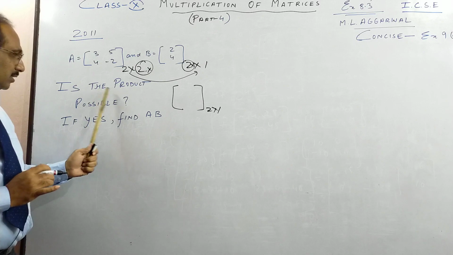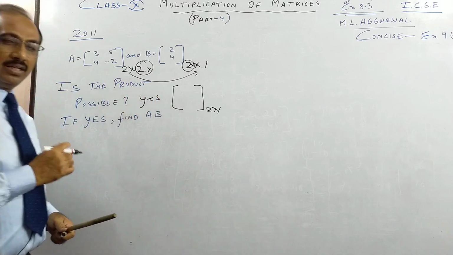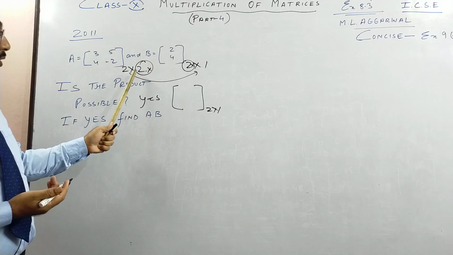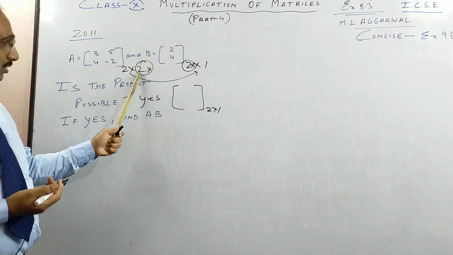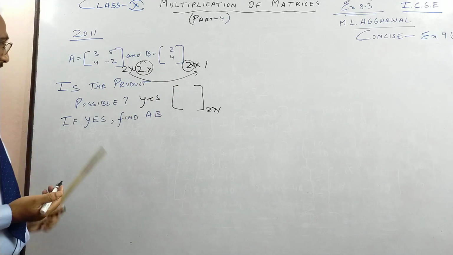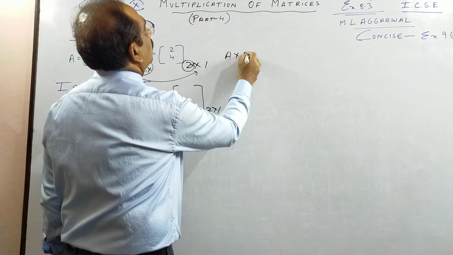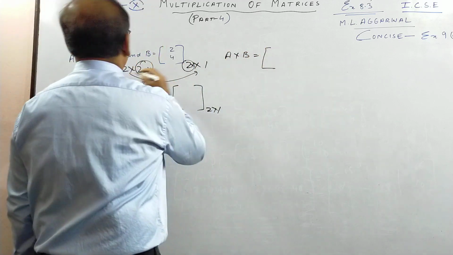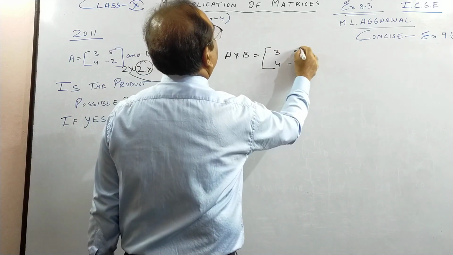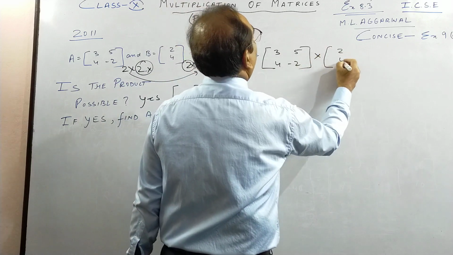So is the product possible? Our answer is yes. You can write the reason: since the column of the first is equal to the row of the second. If yes, find AB. So let us find AB. A into B. I write here A is 3, 5, 4, minus 2 multiplied with 2, 4.